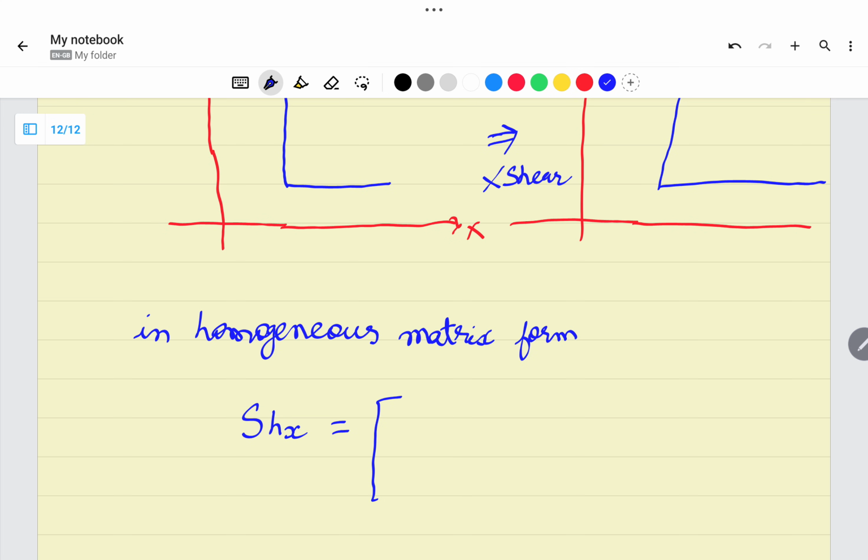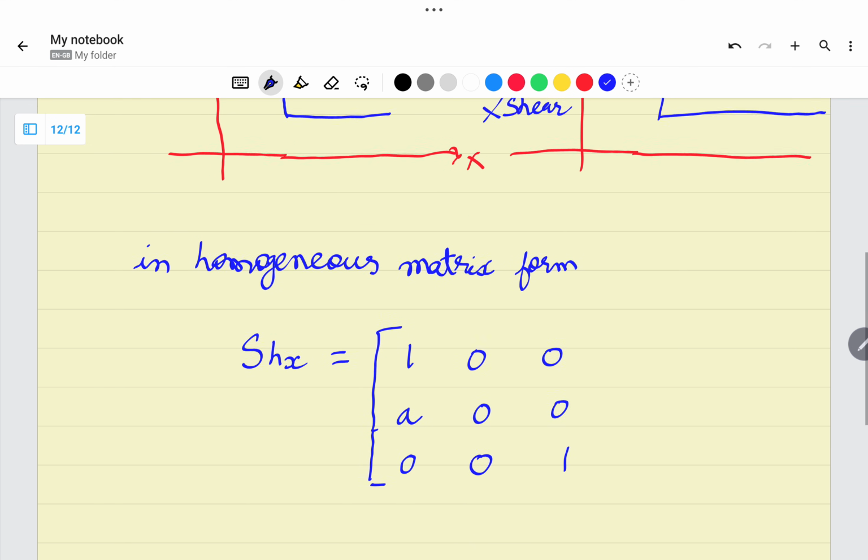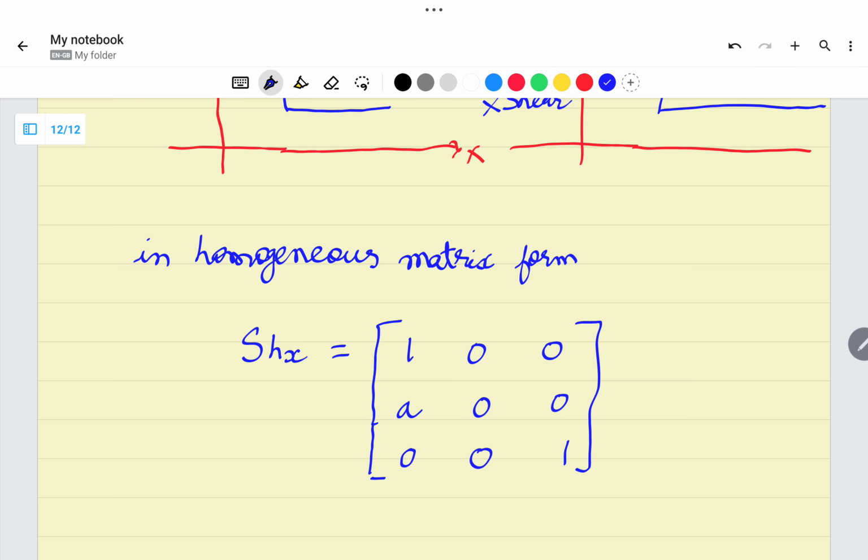So horizontal lines will remain horizontal but dimensions will change. Vertical lines, the dimension will be the same but it will cause a rotation of the vertical lines towards right or left. So SHx is 1 0 0, a 1 0, 0 0 1, where a is the X shear factor.